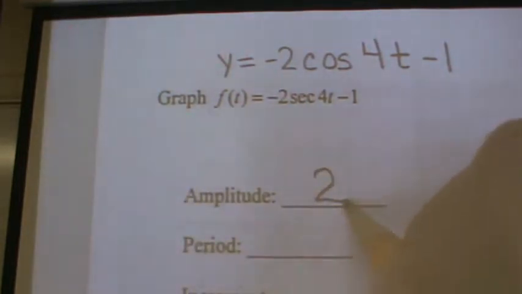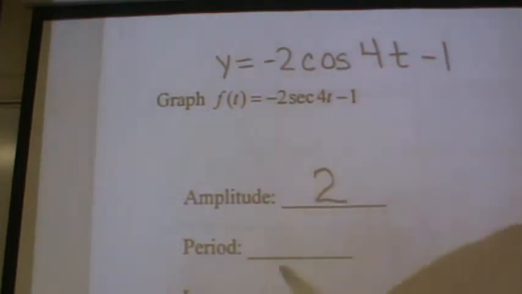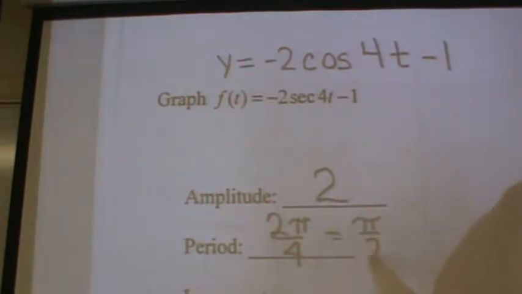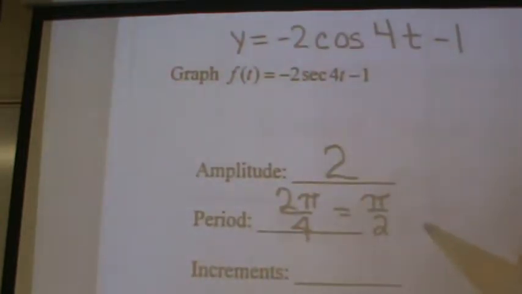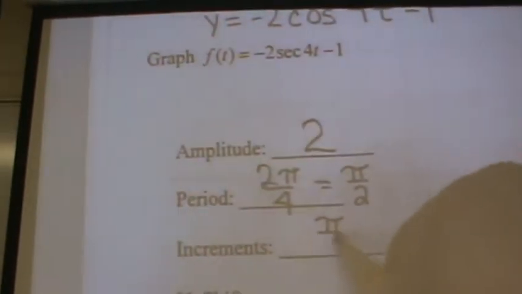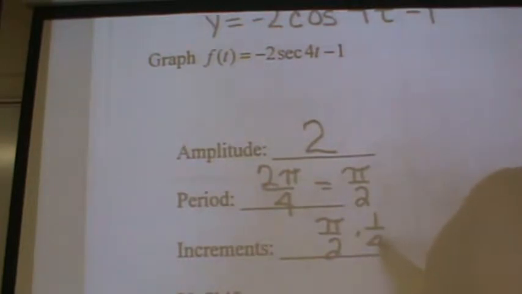It's 2 units off the x-axis. How do you do period? 2 pi over 4, because B is 4, and it's pi over 2. Again, this is going to be a horizontal compression. Your increments, you're going to take your period and cut it into 4 pieces, so pi over 8.